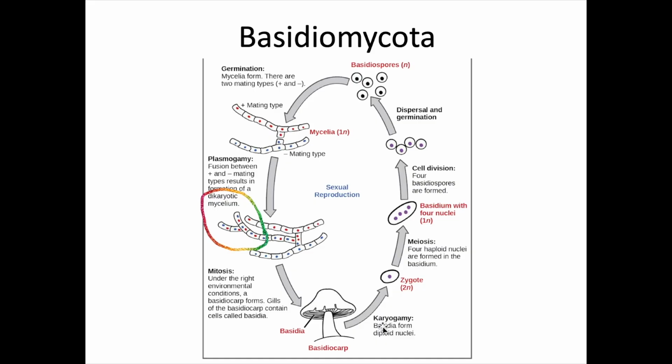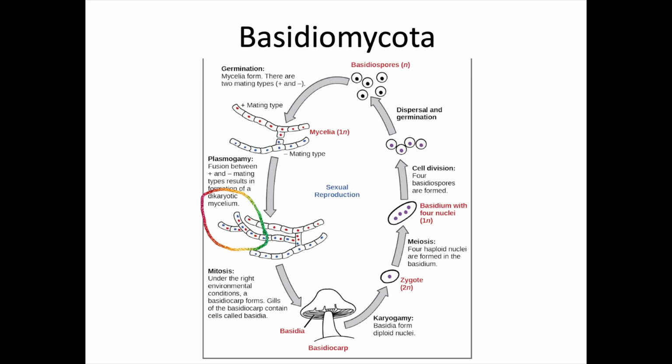We have karyogamy, and a dikaryotic cell becomes a diploid cell. Then it goes through meiosis and releases these basidiospores to grow into more haploid mycelium. There's only 4 here because we're doing karyogamy, then meiosis, no mitosis after the meiosis. So it's just a simple 1 goes to 4, and then these are released to form haploid mycelium.